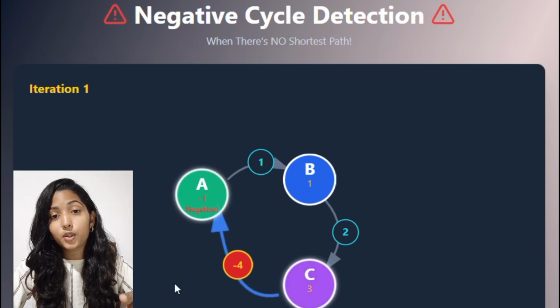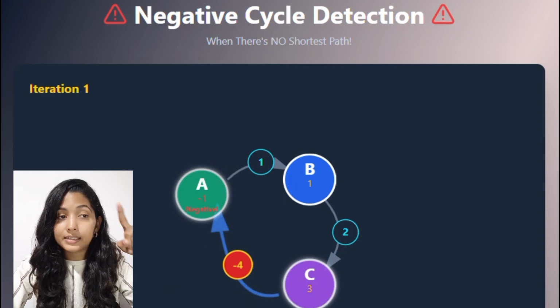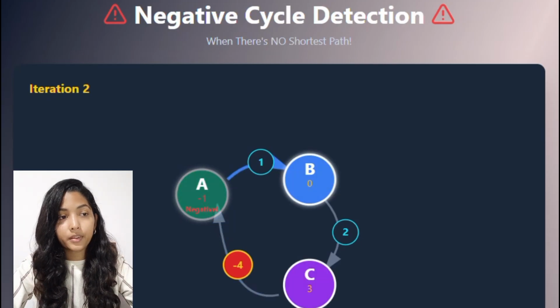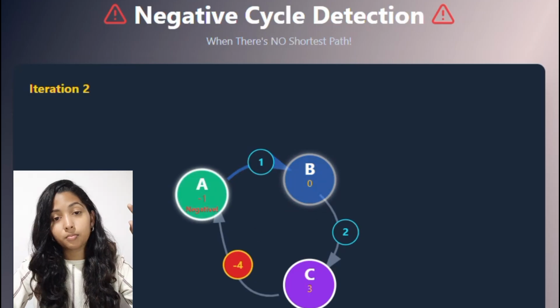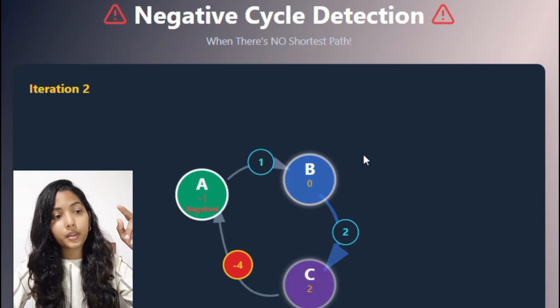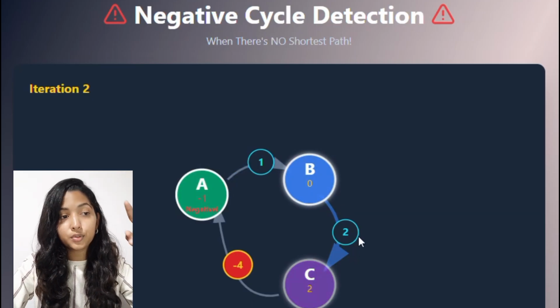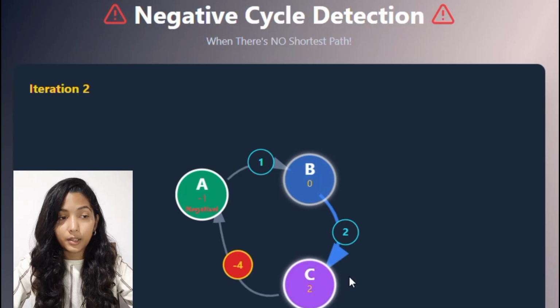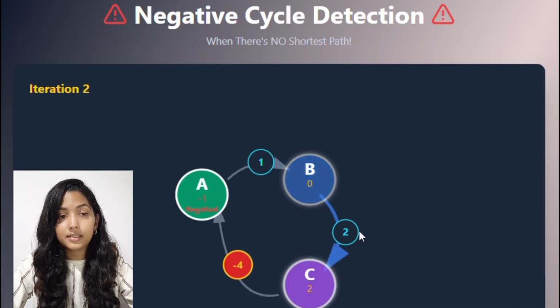So let's go to iteration 2. We start again with edge A to B. Now A is -1, so -1 plus 1 means 0. So we update B from 1 to 0. Next we move on to edge B to C. B is now 0, so B plus 2 is 2.